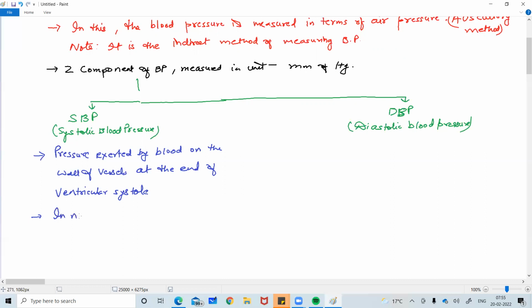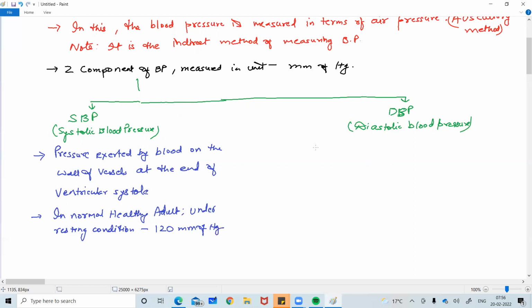So in a normal healthy adult, under resting condition, always remember, whenever we say healthy, a person has SBP that is always under a resting condition, because when a person is doing any physical activity, then this SBP will change. It is 120 mm of Hg.